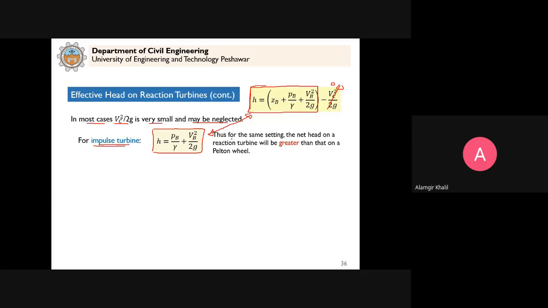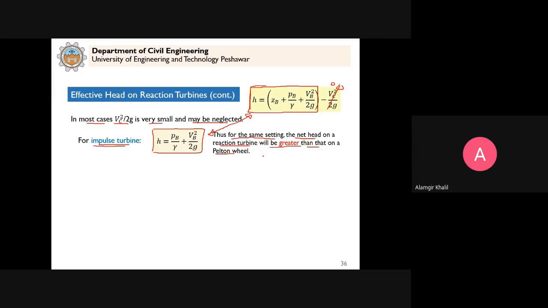Thus, for the same setting, the net head on the reaction turbine will be greater than that on the Pelton wheel. So it means that for the same setting, the power generated by the reaction turbine will be more than the power generated by the impulse turbine.